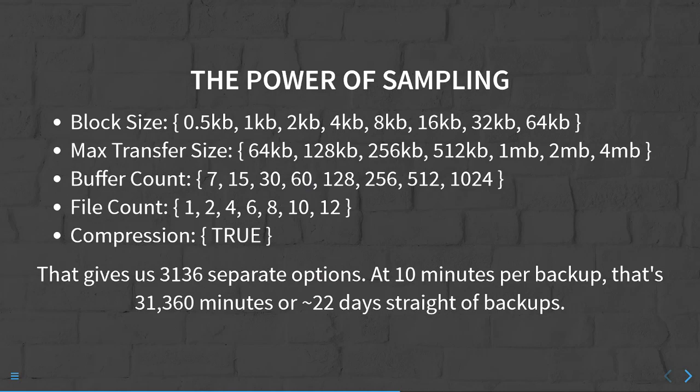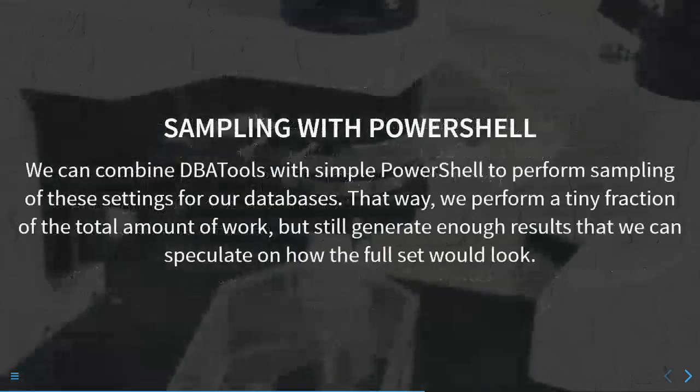But we do have the possibility of sampling. So by sampling, instead of looking at all 3,136 possibilities, let's pick some combinations.